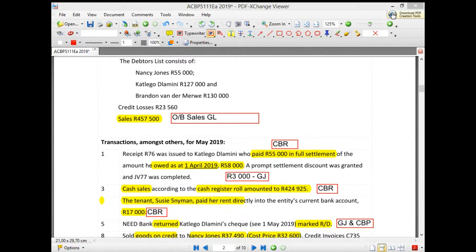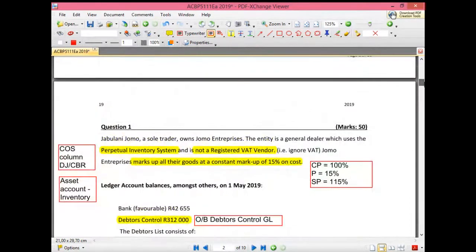But we also need to include the cost of sales amount here. Now, we said the cost is 100 and the markup is 15% on that. So if we go back to our first page, that makes our sales price 150.